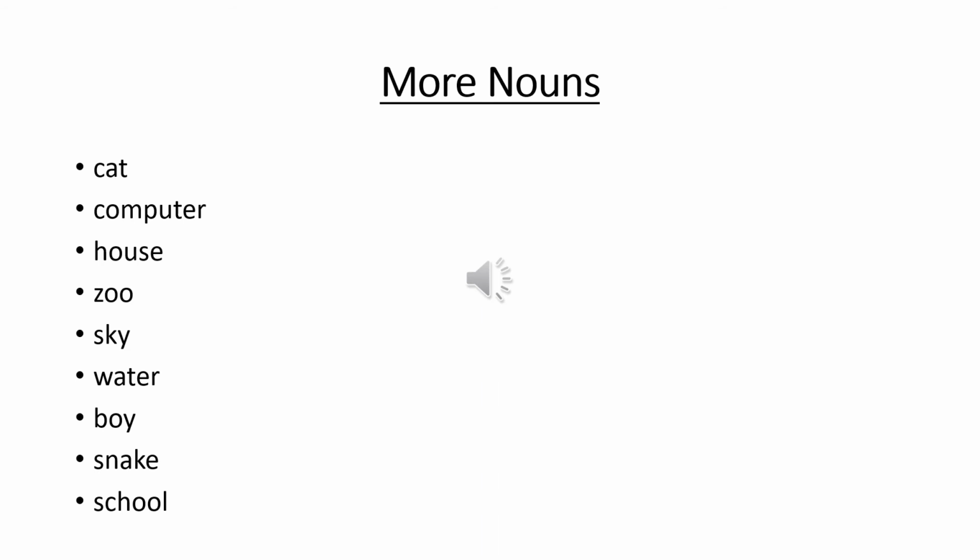More nouns. Now we can see there are more nouns given on the screen. These are a few examples of nouns. You can also find more nouns around you. You may read this for more practice of reading and to help you find more nouns around you.